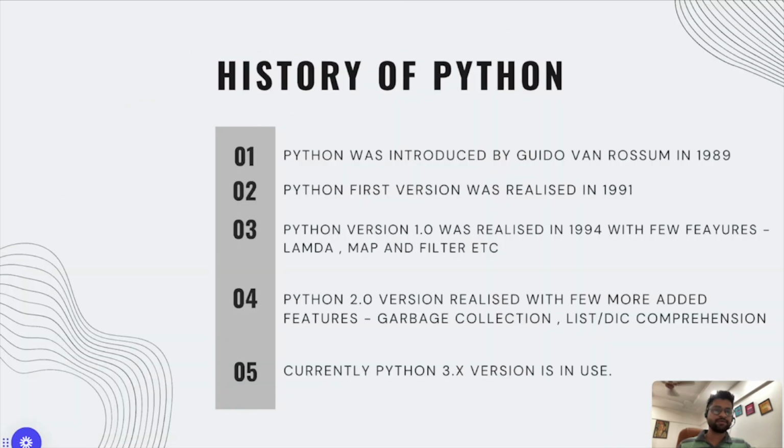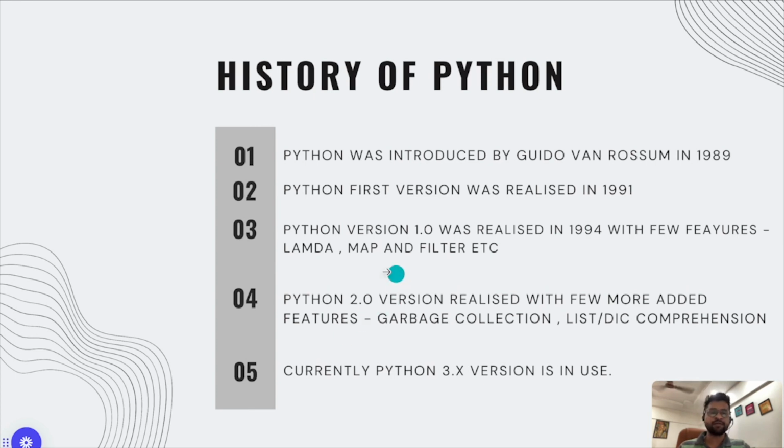Now come to the history of Python. Python was introduced by Guido van Rossum in 1989, and the first version of Python was released in 1991. And the 1.0 version of Python was released in 1994 with some additional features like lambda, map, filter.